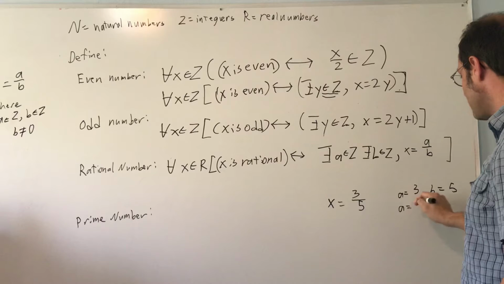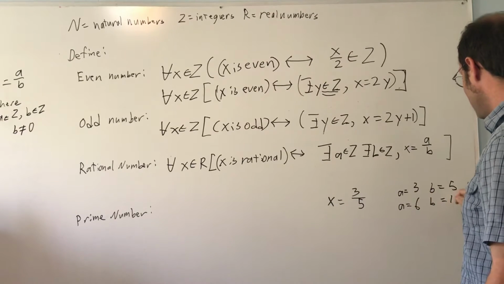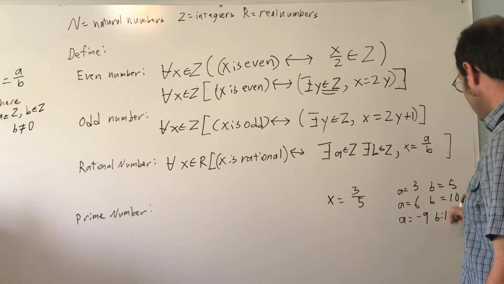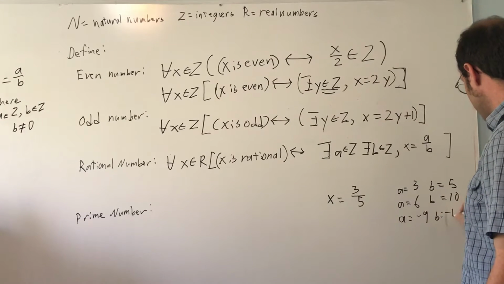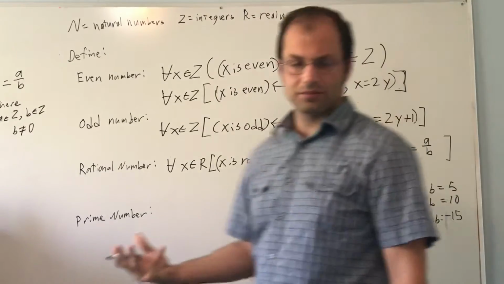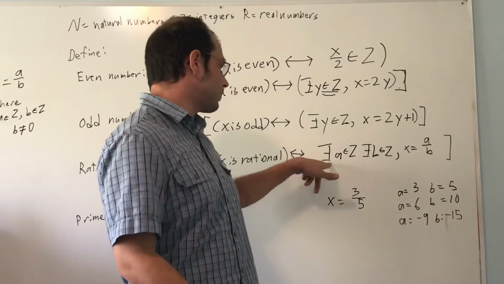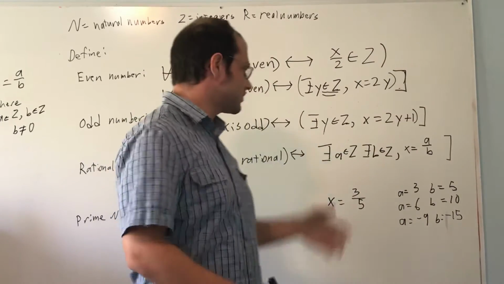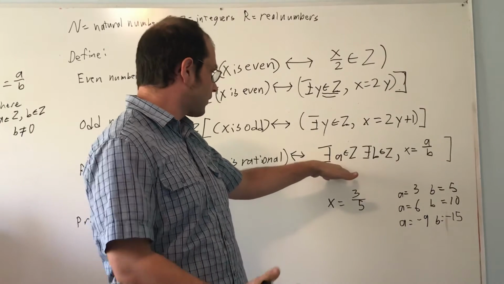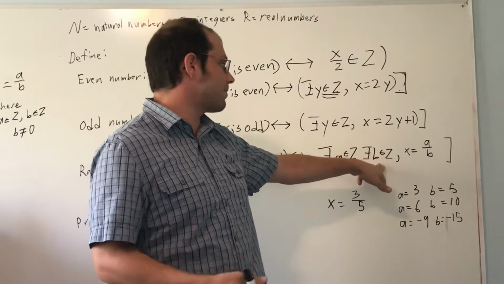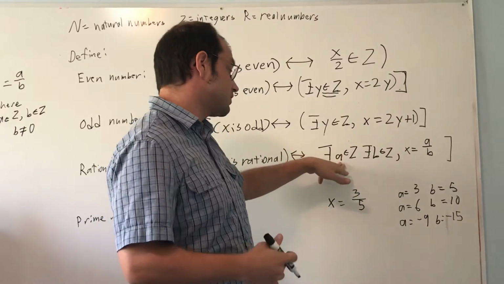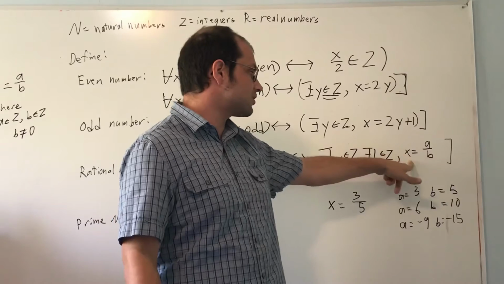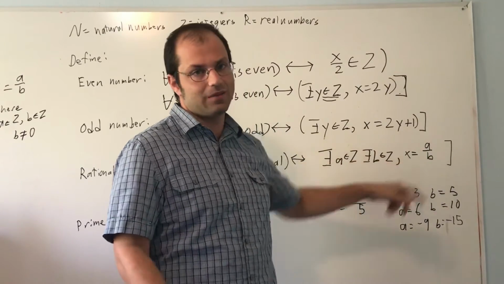But you could also have that a equals 6 and b equals 10, or that a equals negative 9 and b equals negative 15. All right? So remember, when we just say there exists, that just means that there's at least one. There's at least one integer a that can be paired with at least one integer b, such that x is a divided by b.